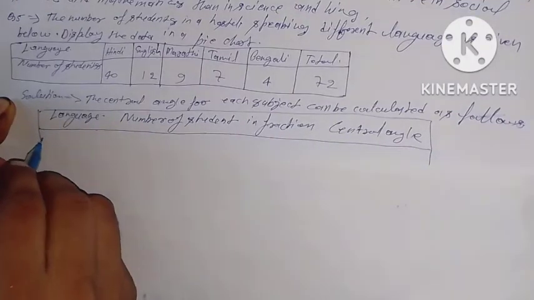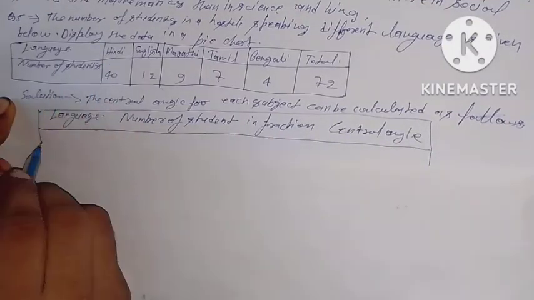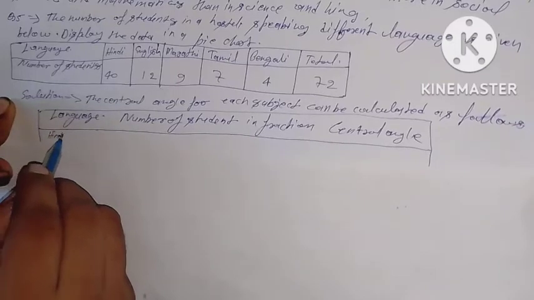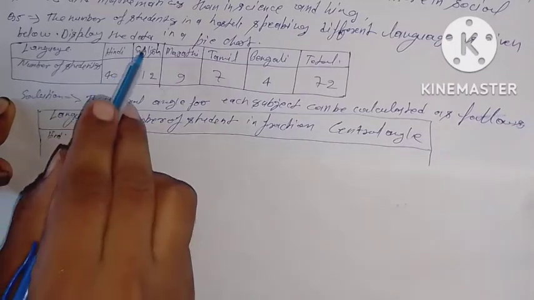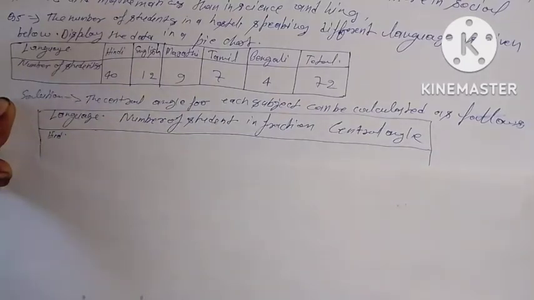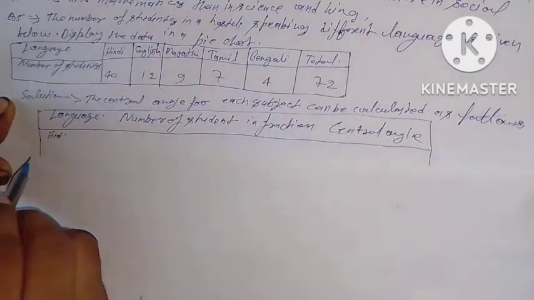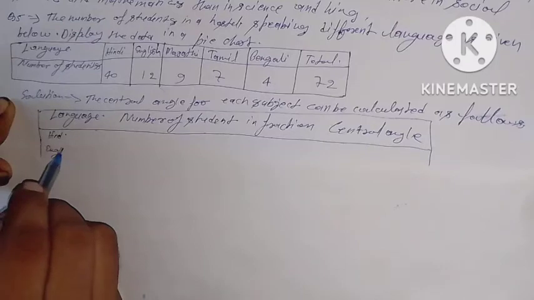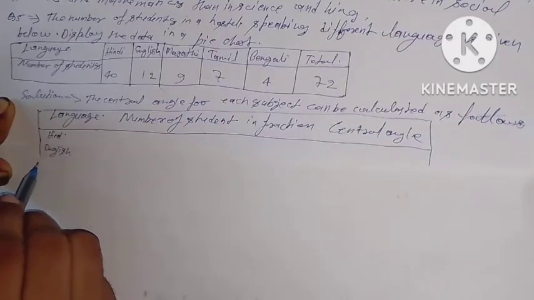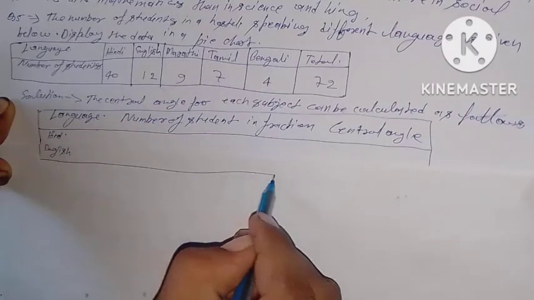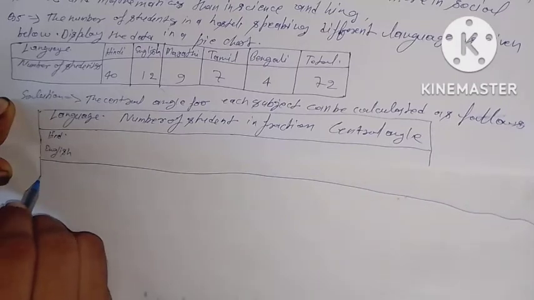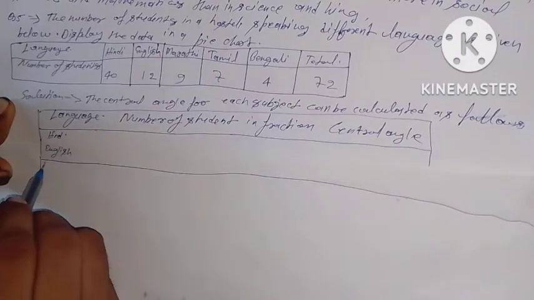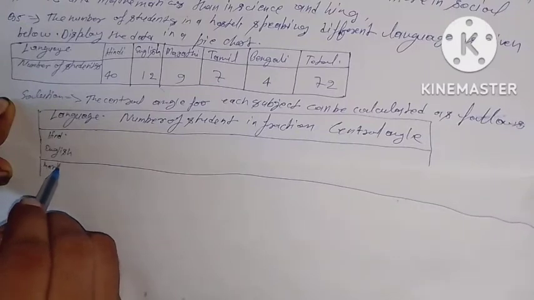First language is Hindi. Second language is English. Third language Marathi.